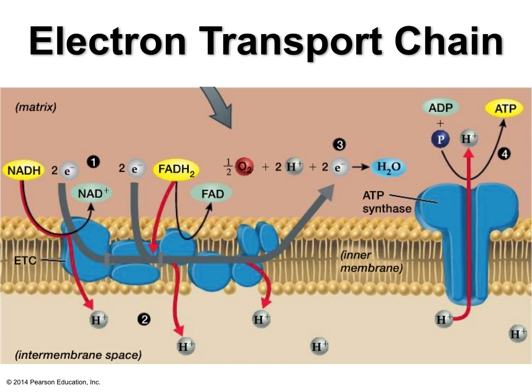We have electrons and we know where they come from. They come from breaking up FADH2 and NADH. We have hydrogens, those are just floating around in the matrix and the intermembrane space. But we can't form water without oxygen.